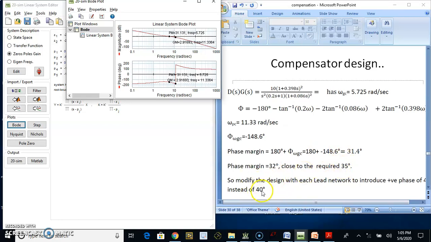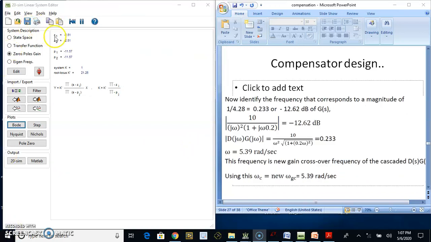Maybe we can have a look at the phase contributed by both networks. So I'll remove this transfer function, the 10 and s square and point to s, and find out the phase introduced by each of the compensating networks. Let me do that.